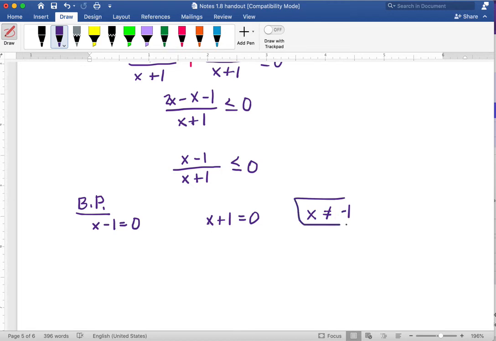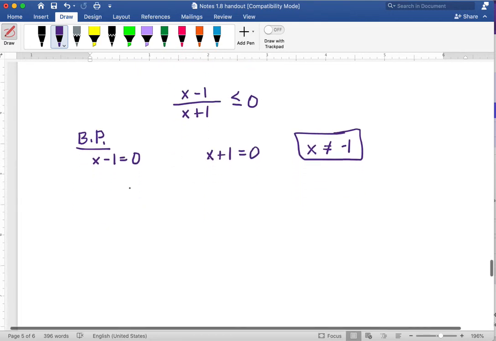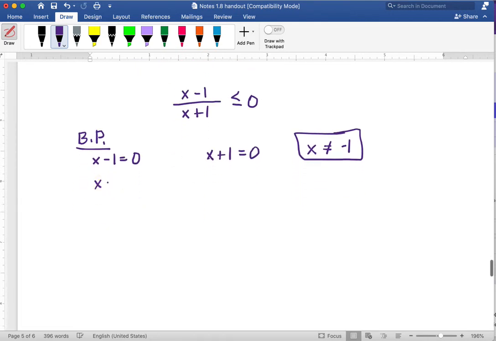This is important, and it is important for this problem because this says use a bracket because it's equal to, but on this boundary point, you can't use a bracket. So here x is 1, and here x is negative 1. Those are my boundary points.